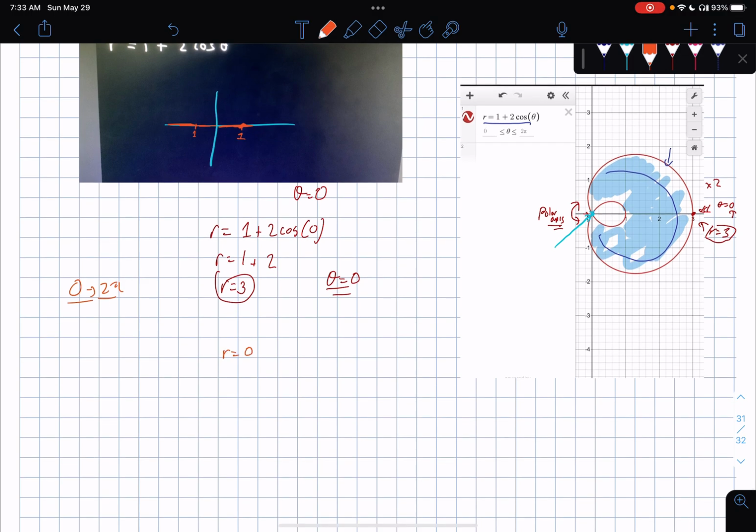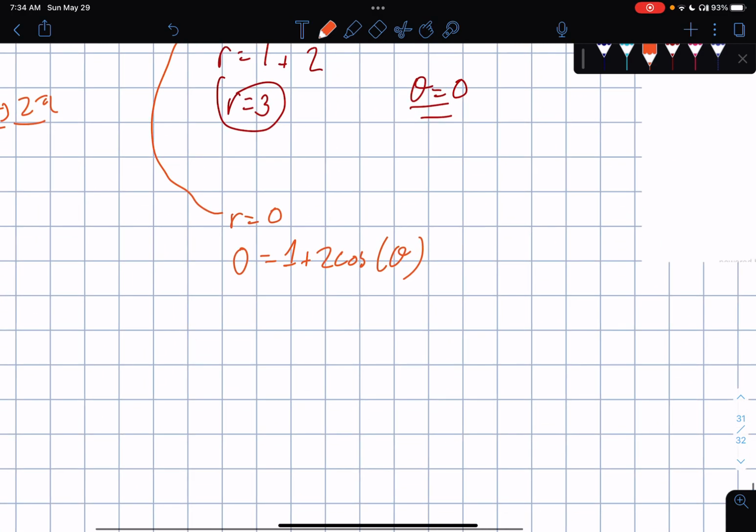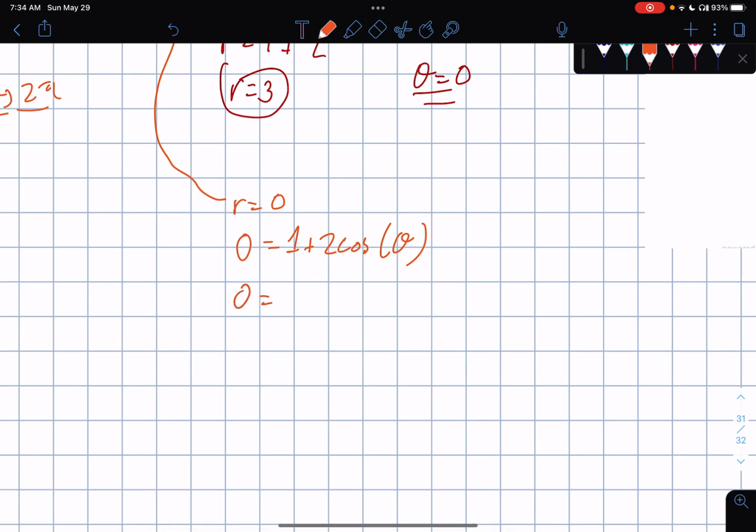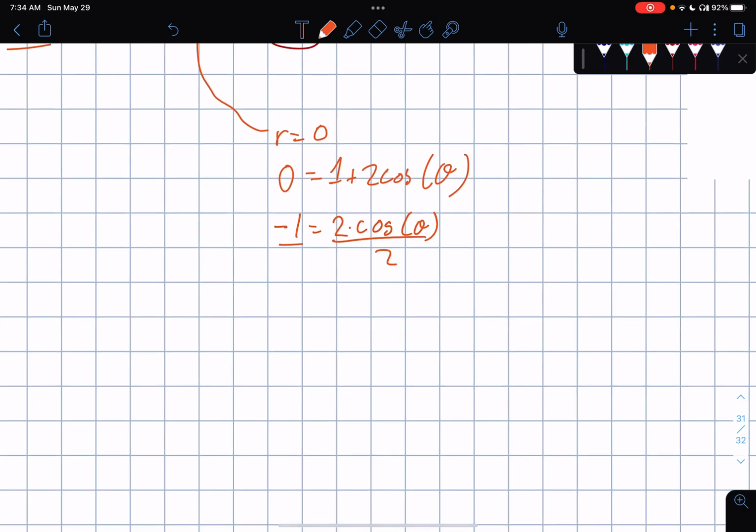We know that r has to be equal to 0 since we're at the origin here. So 0 is equal to 1 plus 2 cosine theta. Notice that I substituted 0 for r. Subtracting 1 from both sides gives negative 1 equals 2 cosine theta. Divide by 2 on both sides: negative 1/2 is equal to cosine theta.